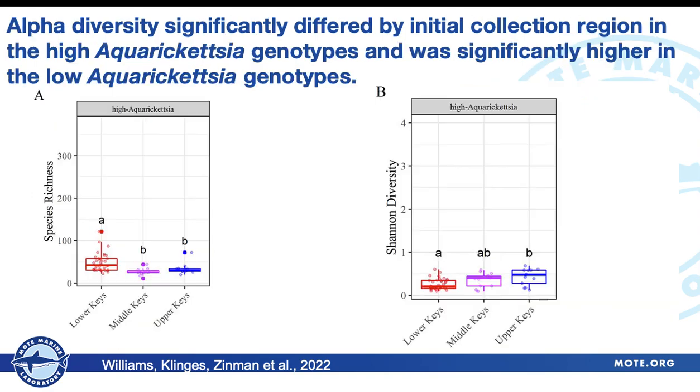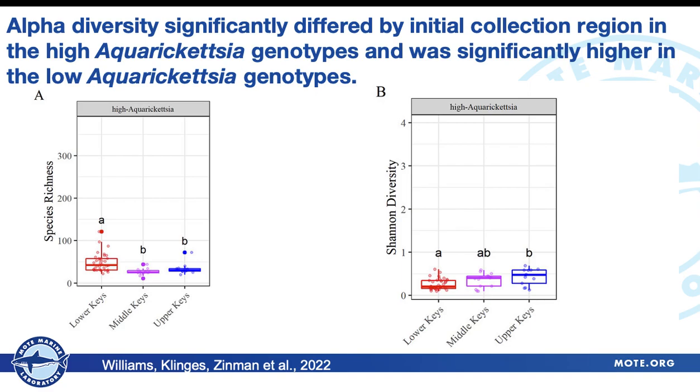So we then looked at our alpha diversity, the diversity within a group, and this is important to look at because we want more diverse bacterial communities in our corals. We looked at 2 metrics of alpha diversity. We looked at species richness, which is the number of taxa, and we looked at Shannon diversity, which is the number of taxa weighted by evenness. For our high Aquarickettsia genotypes, our results were very similar to beta diversity.